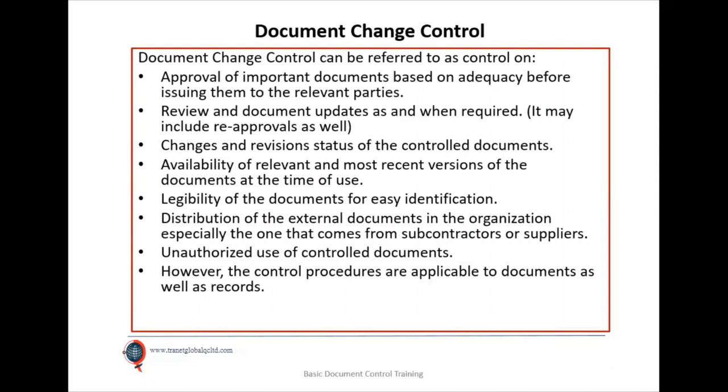Legibility of the document for easy identification. Distribution of external documents in the organization, especially the ones that come from subcontractors or suppliers. Unauthorized use of controlled documents. However, the control procedures are applicable to records as well.